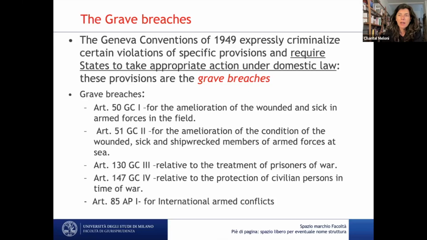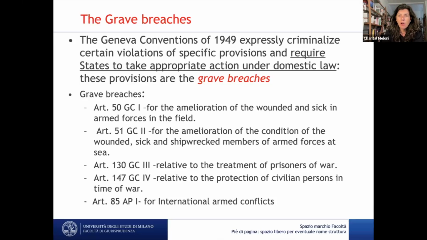In particular, we focus on one specific aspect of the Geneva Conventions, which is the grave breaches. As you have heard, in each and every Geneva Convention of 1949, there is one provision that criminalizes particular violations of the Convention itself as grave breaches.